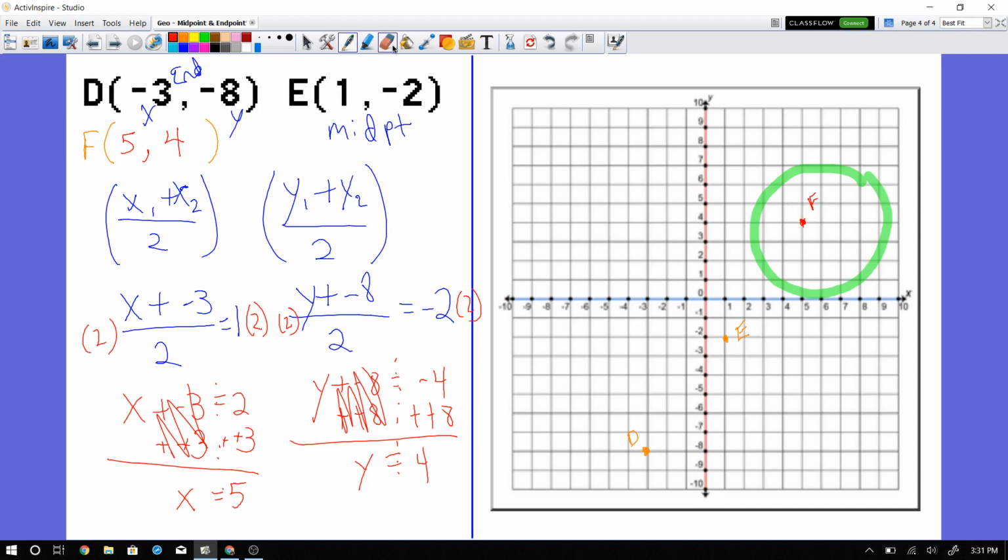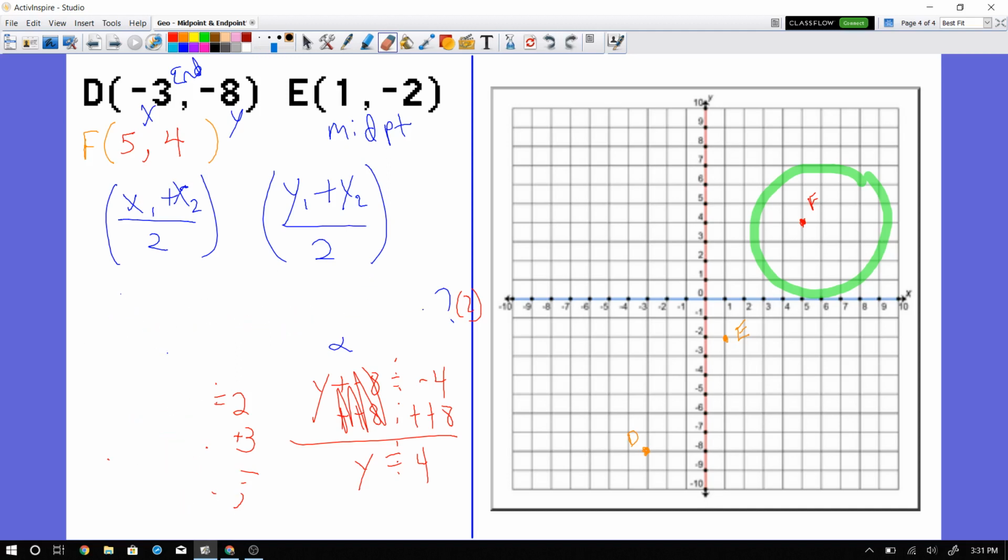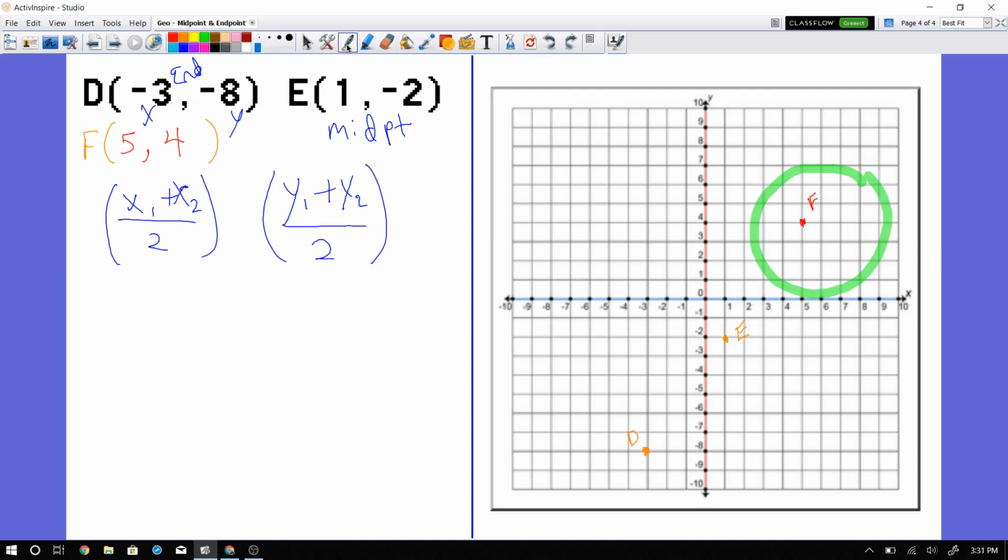Now let's go back and let's see if we can check this work. So we're claiming to have both ends, okay? That means that we have D and we have F. We should be able to find the midpoint between there using the midpoint formula. And the cool part is we already have the answer to the midpoint. If that checks out, we're 100% correct.